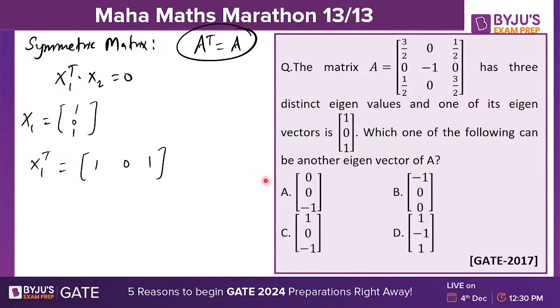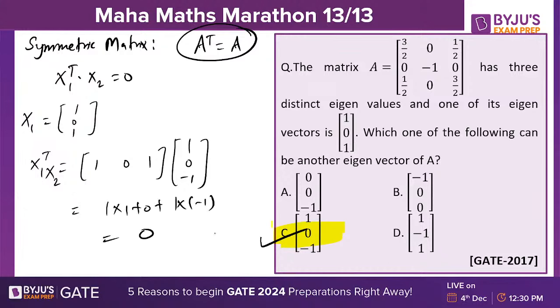Now just check, if you select option C, then their multiplication is 0. So the given vector 1 0 1 is mutually orthogonal with this vector. Okay, so option C is the correct answer.